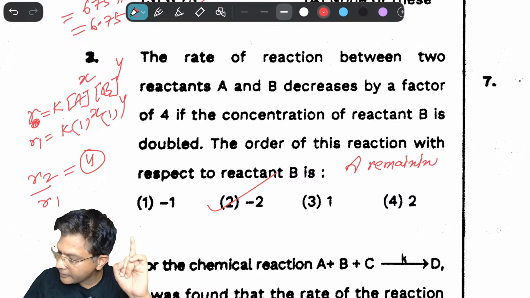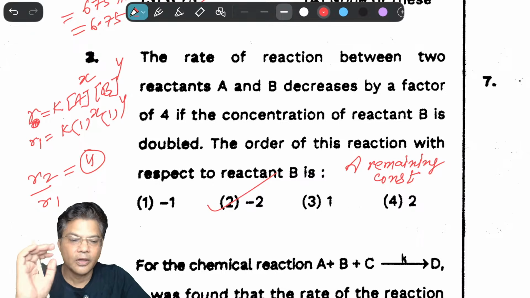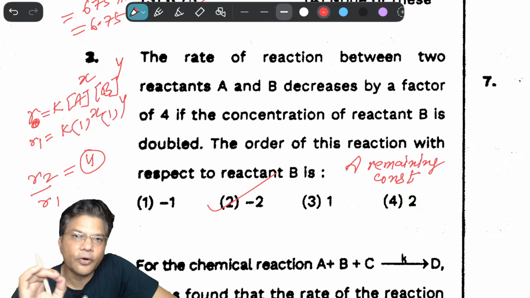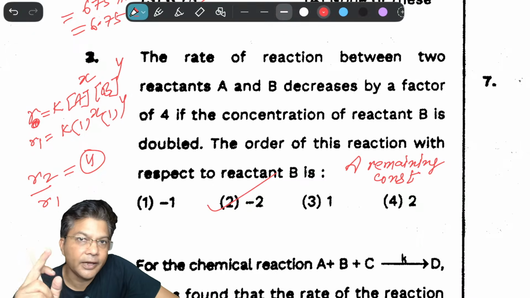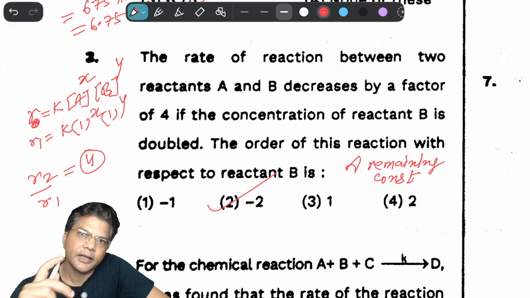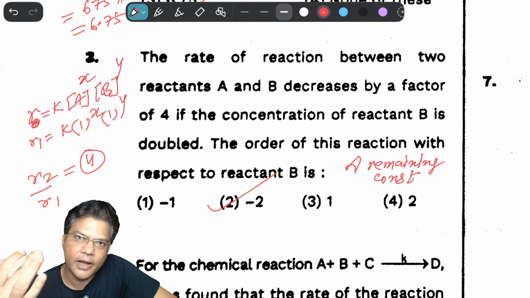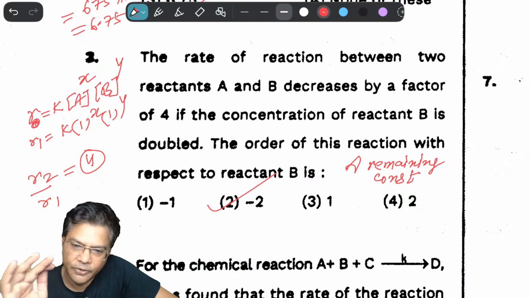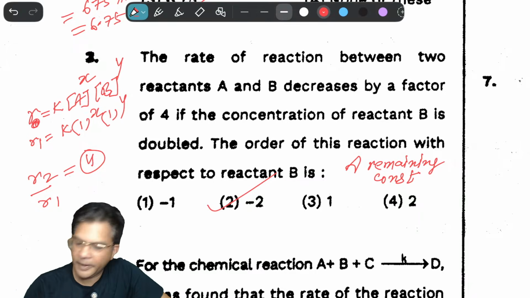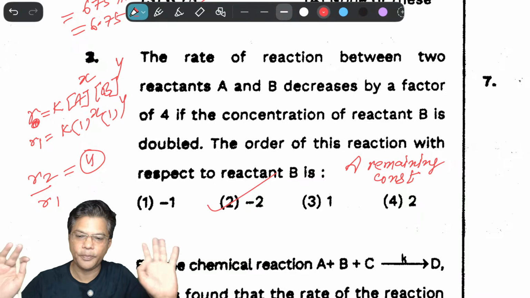Am I right? Because the overall order of reaction can never be negative. It can be negative with respect to any one of the entities or two entities, but the overall order of reaction can never be negative. Are you getting my point? So with respect to B, it is -2. I hope everyone got it.